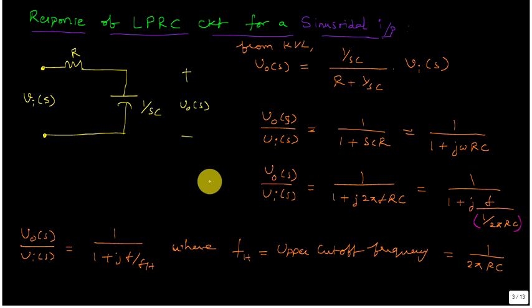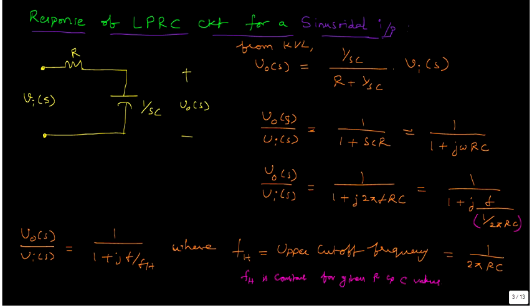Remember that one. fh is constant for a given RC circuit, that is, for given R and C values. So if the R and C values are not varying, the upper cutoff frequency of the circuit is fixed.